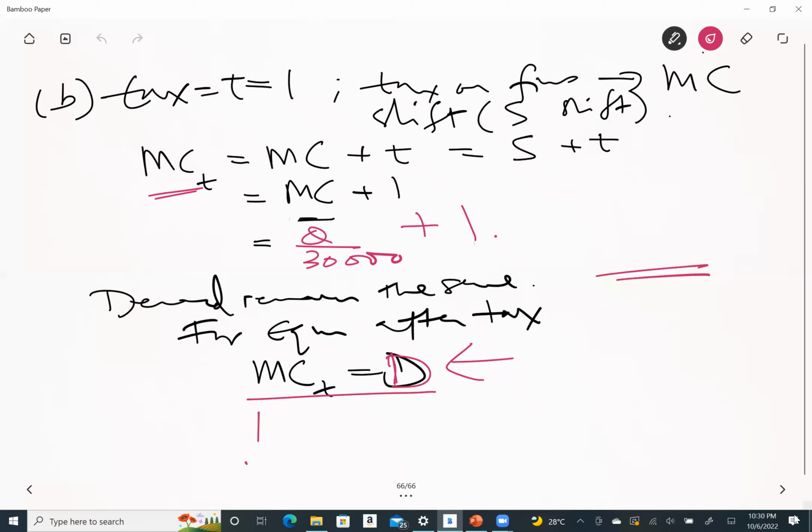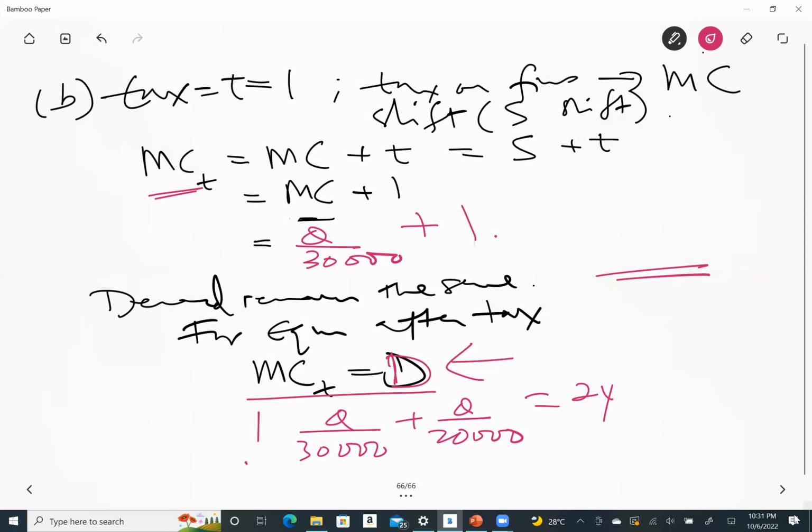you equate that thing, you can bring the Q to one side. So you can do this, 30,000, or you can do any other way, plus Q over 20,000 equal 24. Because plus one you bring to the left becomes negative, negative Q you bring to the other side becomes positive.